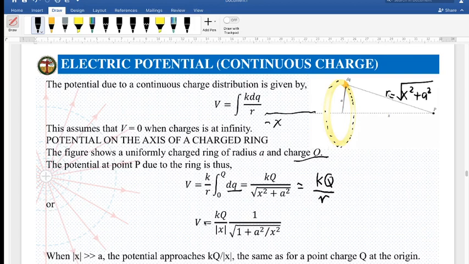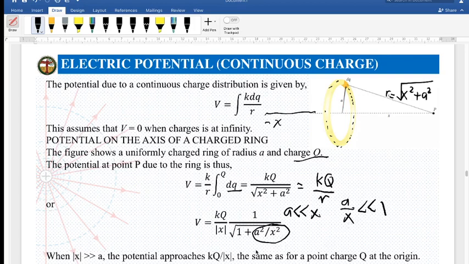So here I have to get x squared, so I extract x squared from here, and if your a is less than your x, meaning a over x is less than 1, therefore your a squared over x squared is actually less than 1.